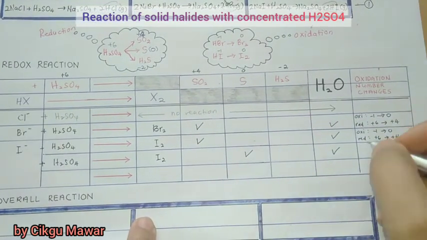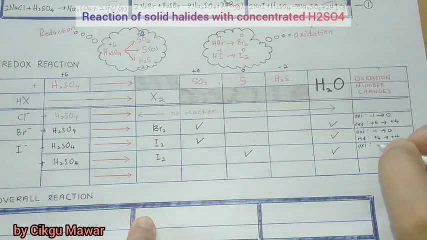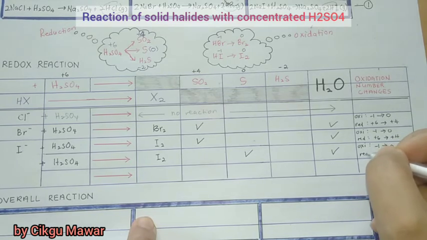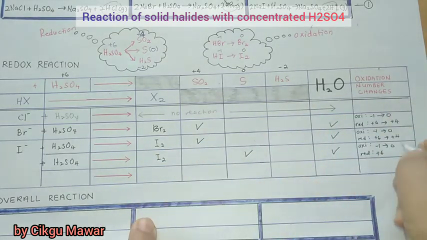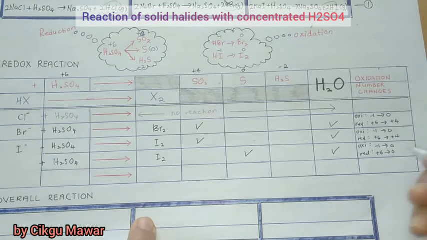What is the oxidation number change here for oxidation? The same. For reduction, it will reduce from +6 to sulfur, which is 0.